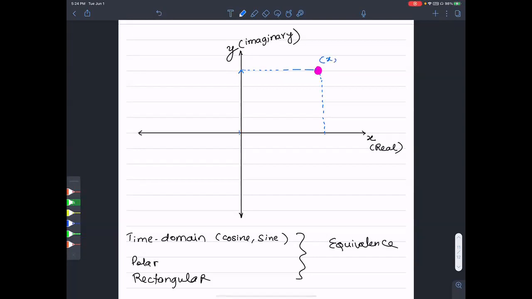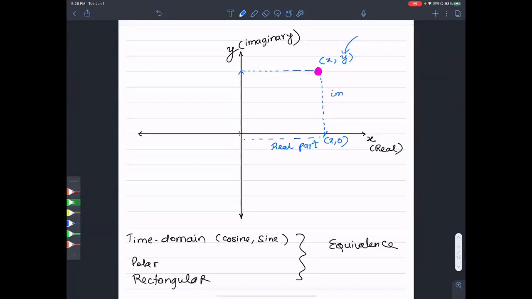Okay, so this is x and this is y. So this is x comma 0. The distance from the y-axis is that guy, or this part is the real part, the real axis distance. Okay, and then the y coordinate represents the imaginary, the distance that we traveled along the imaginary axis.